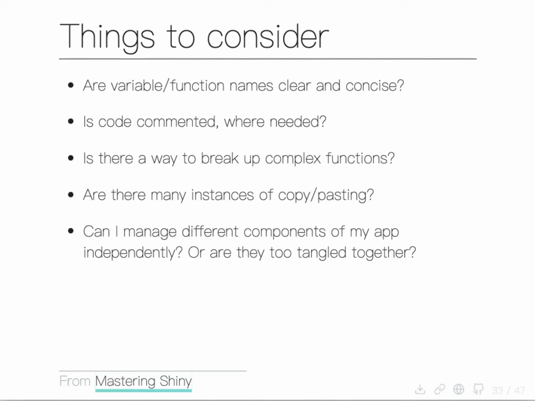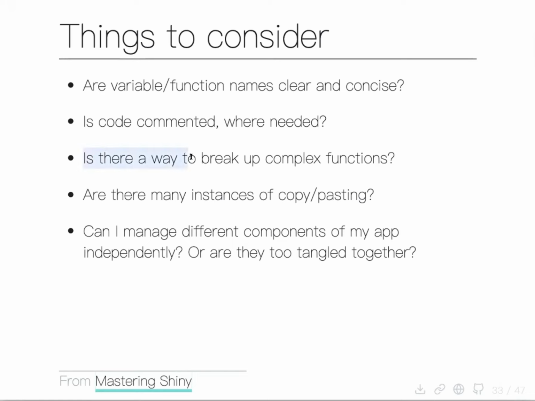But if there's something where you think, okay, this is confusing, and I know it's confusing, then put a little comment on there explaining what you're doing. That's good not just for other people, but for you when you come back later, because if it's written in a way that would be confusing to other people, it's probably also going to be confusing to you when you come back 6 months later. Okay.